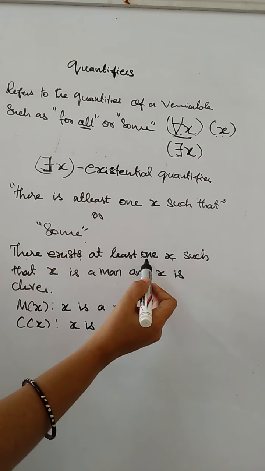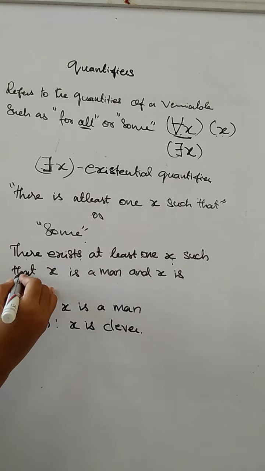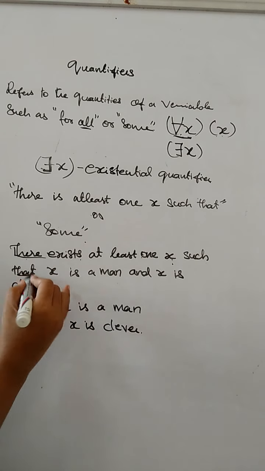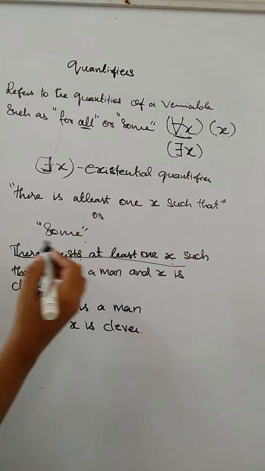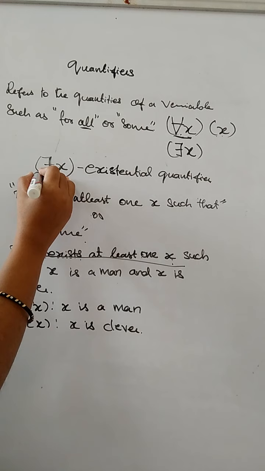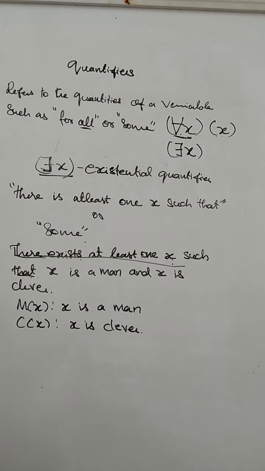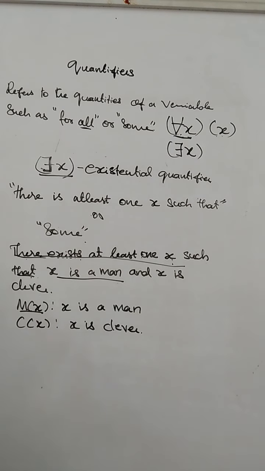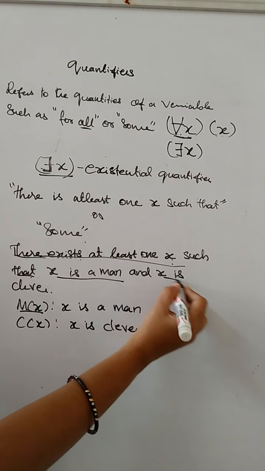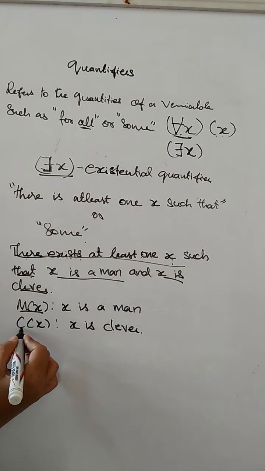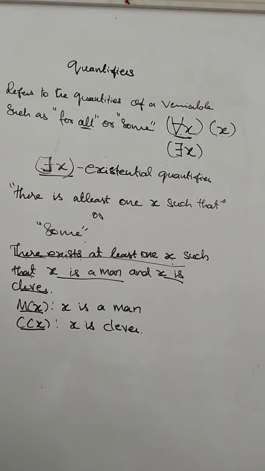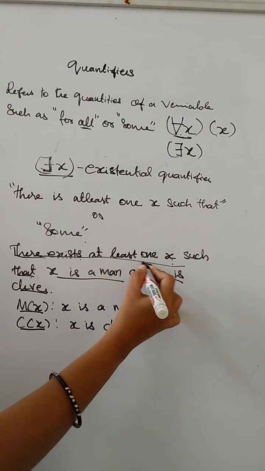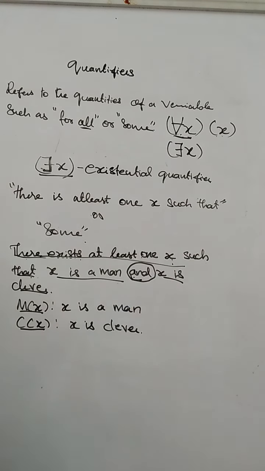There exists at least one x such that. So these statements will be represented by means of the existential quantifier. And here x is a man, I have taken it as m of x. And x is clever, I have taken it as c of x. And here the connective is and.